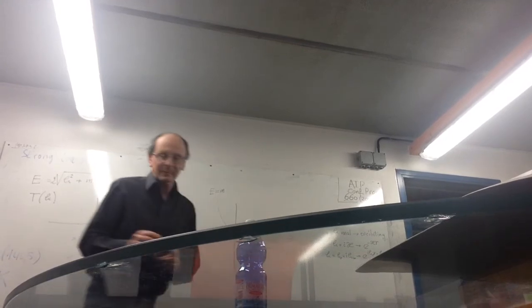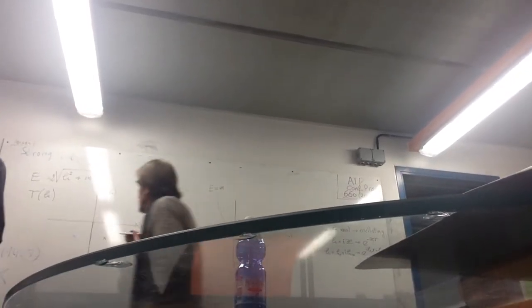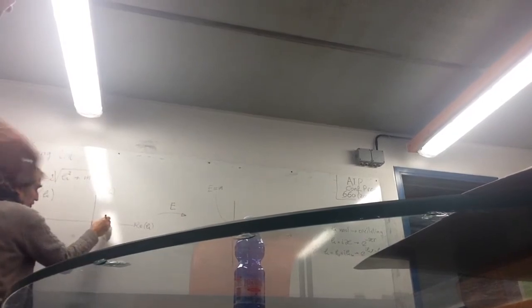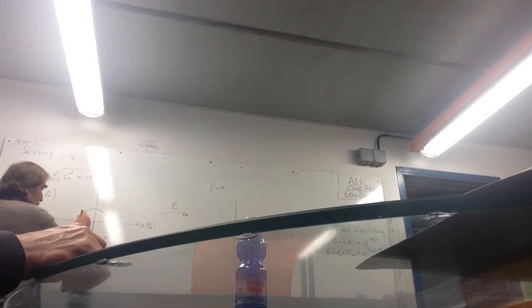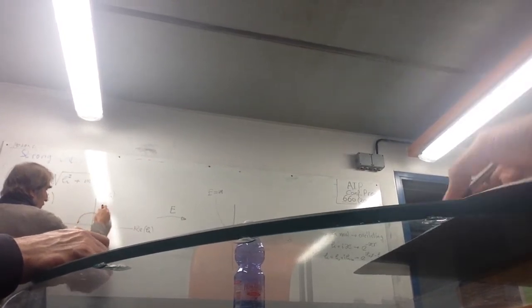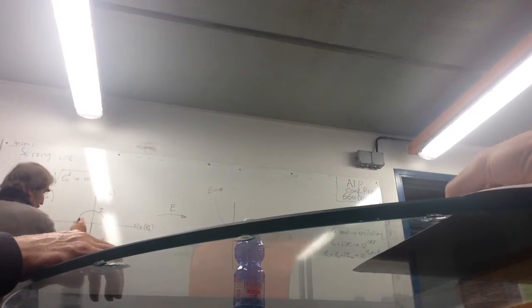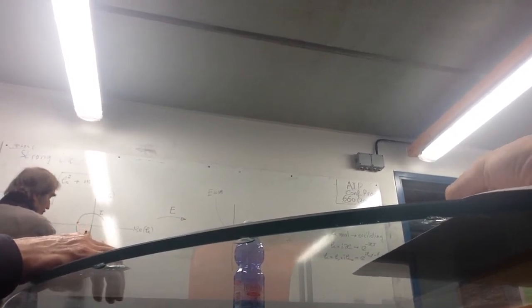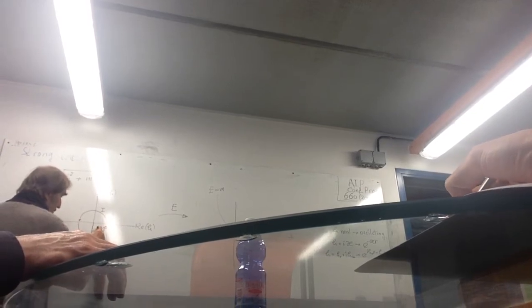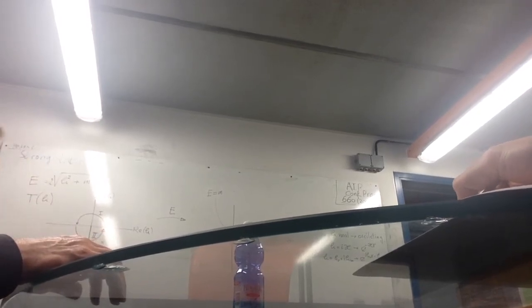Okay, let's see. So what are the sheets? If I remember well, I think this from here to here is called the first sheet. And this continuation from here to here is called the second sheet. And why is that?